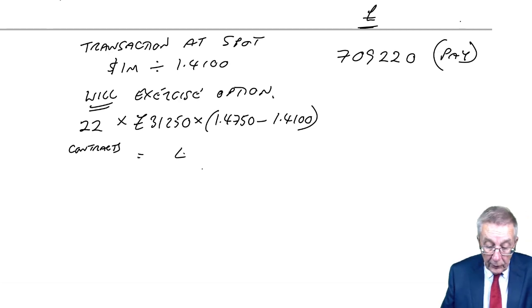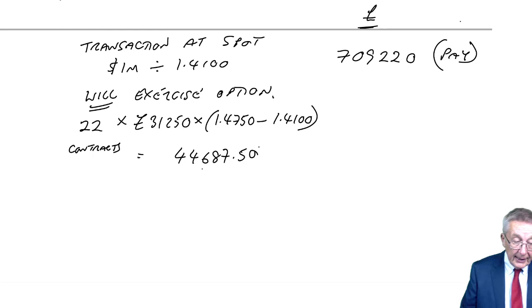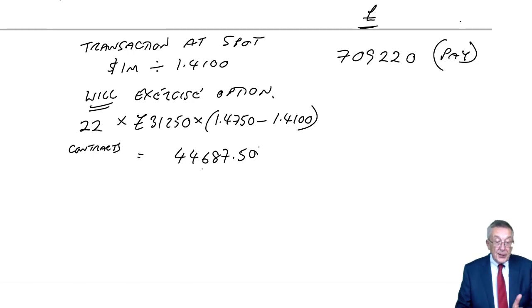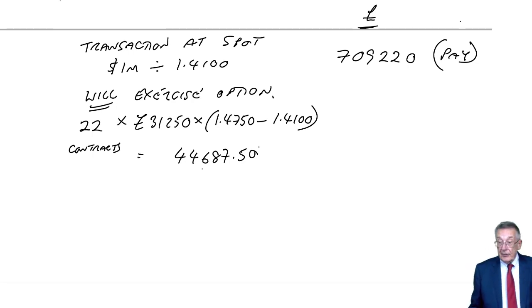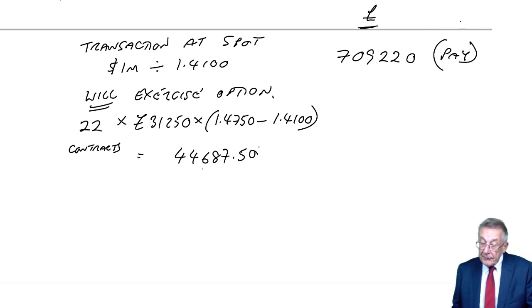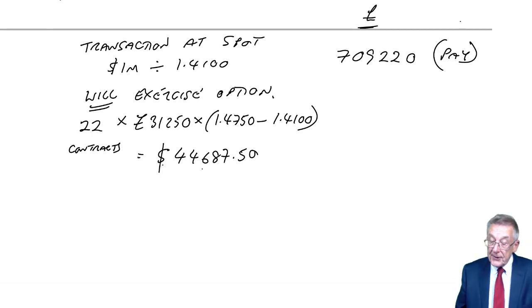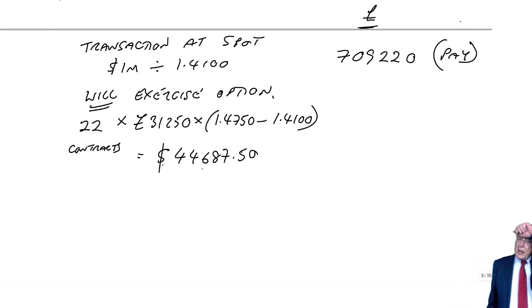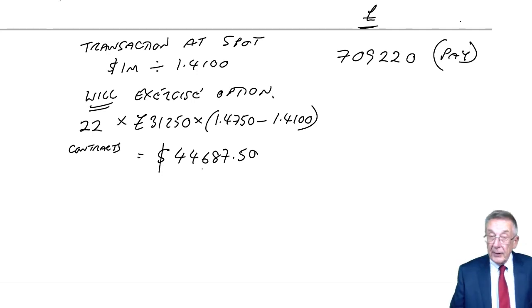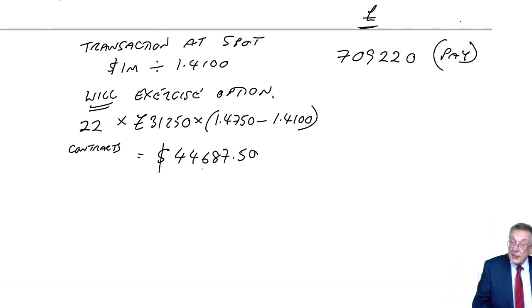It comes to 44,687.5. So that's what we're claiming back from the dealer, except of course it's in dollars, because we bought the right to convert at 1.475 dollars to the pound. The actual rate is 1.41 dollars to the pound.